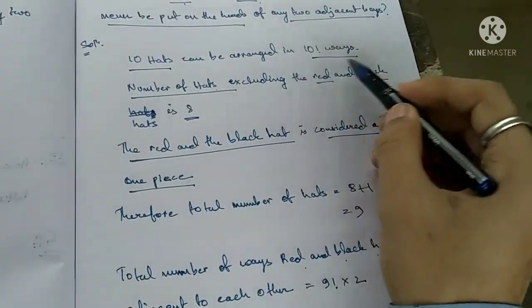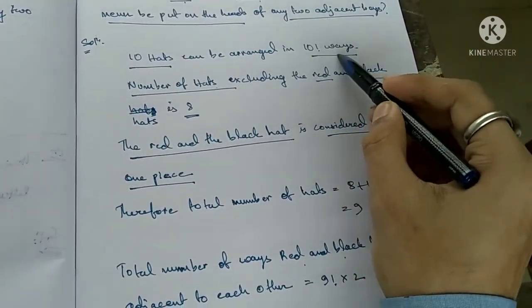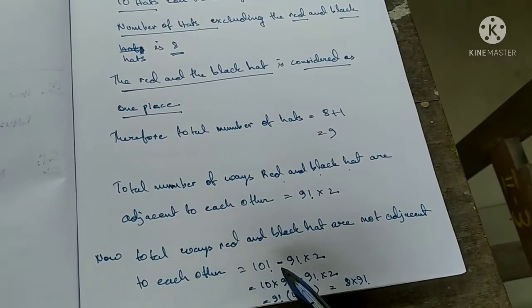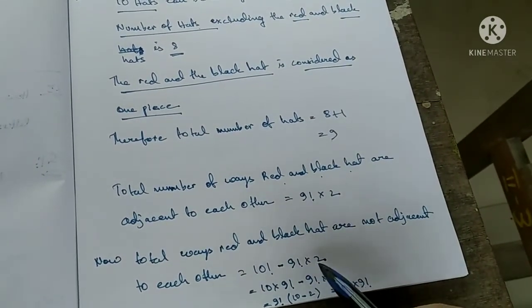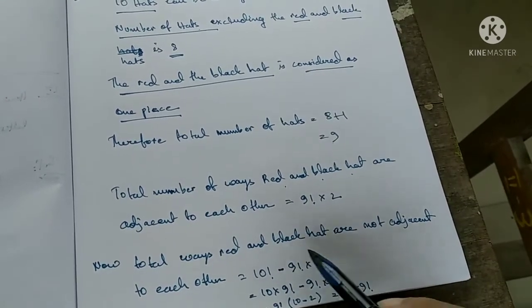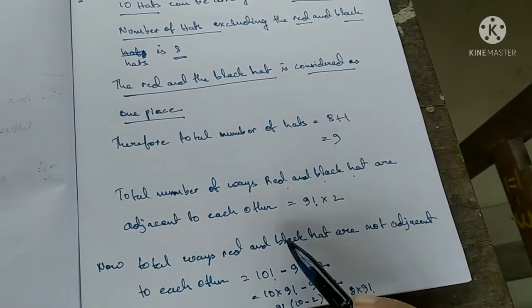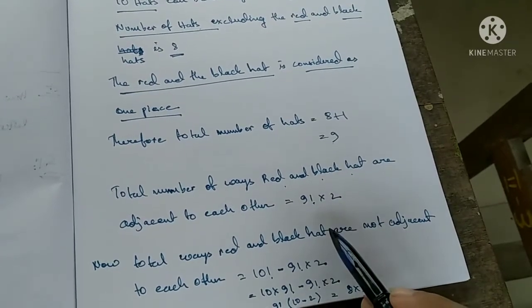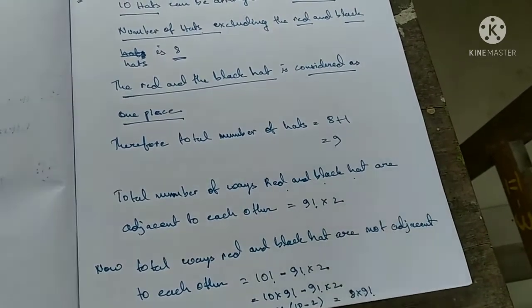The total number of ways that I can arrange them is 10 factorial. So 10 factorial minus 9 factorial into 2, where 9 factorial into 2 is the total number of ways the red and black hats are adjacent to each other. Understand? Red and black hats cannot come adjacent to each other.